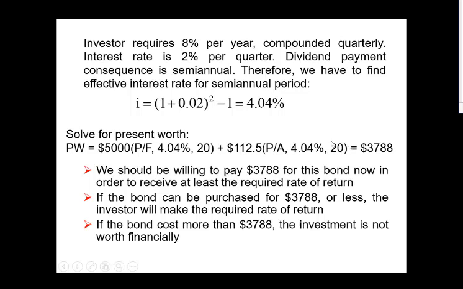And here, the dividend is an equal payment series. We use the equal payment series present worth factor. That means given annual values, find present values. Okay. Yes. We have the present worth is $3,788.